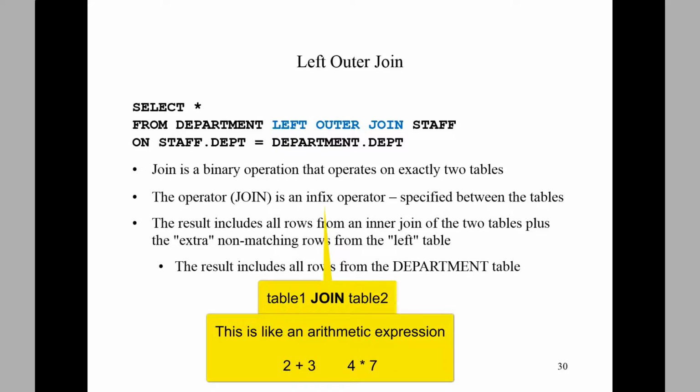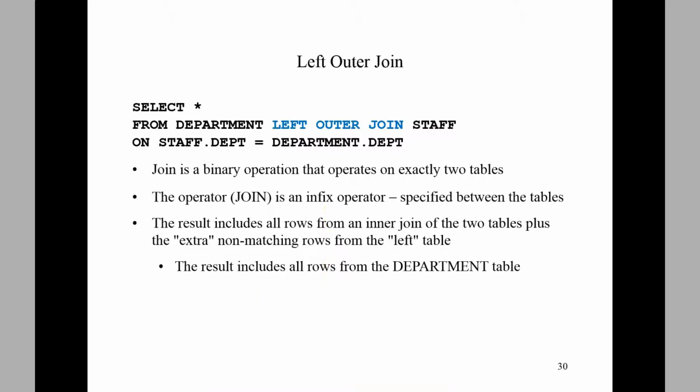This is similar to arithmetic operators, such as 2 plus 3, 4 times 7, with the arithmetic operator falling between the two numbers or operands that are involved in the operation. So this means that we place the name of one table to the left of the operator and the name of the other table to the right of the operator.